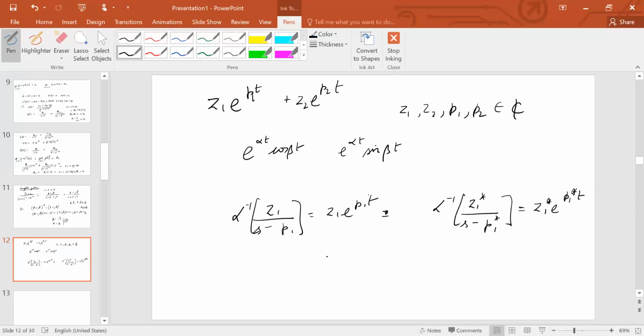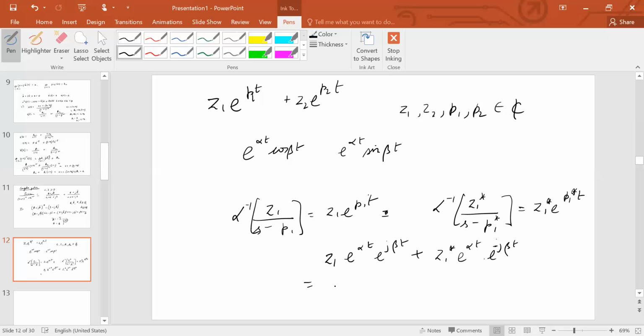So then you will have z1 e to the power alpha t e to the power j beta t plus z1 star e to the power alpha t again and e to the power minus j beta t, because they're complex conjugates, p1 and p1 star.